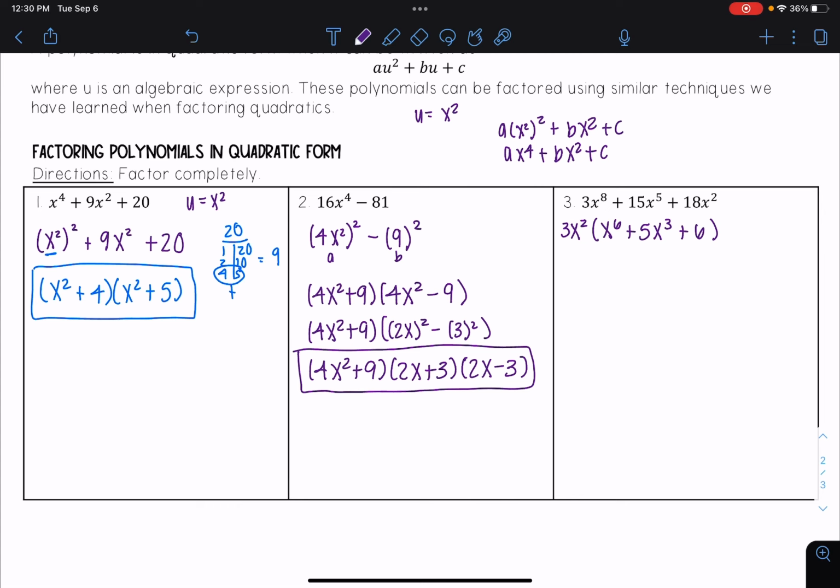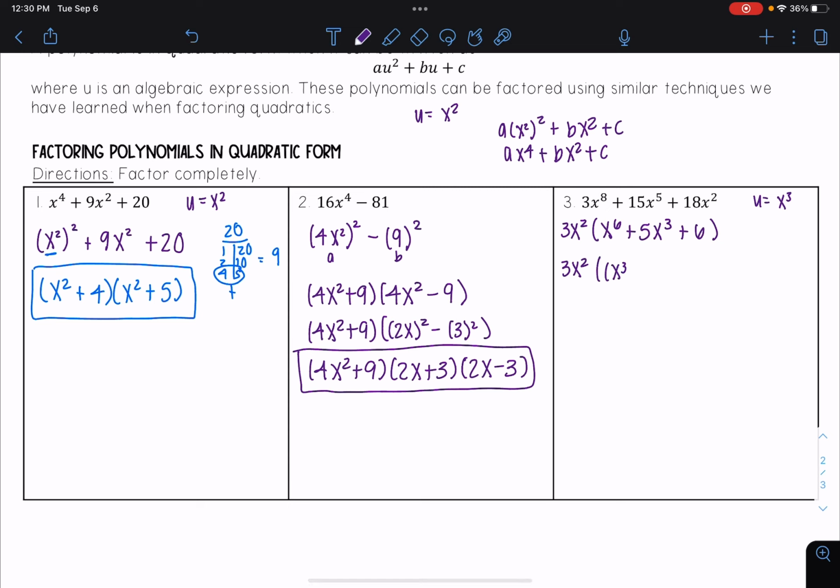You can normally tell if it's in quadratic form when your first exponent is divided by half to get your next one, and then you have no variable. Like 6 divided by 2 is 3, and then no variable. That means you can rewrite this in quadratic form. To do that, I can let u equal x cubed, whatever that second term has.